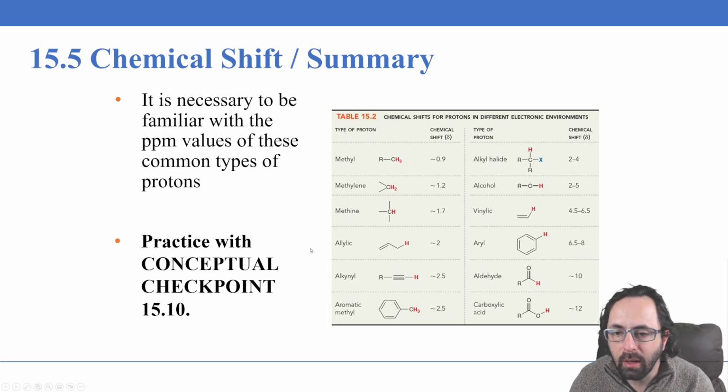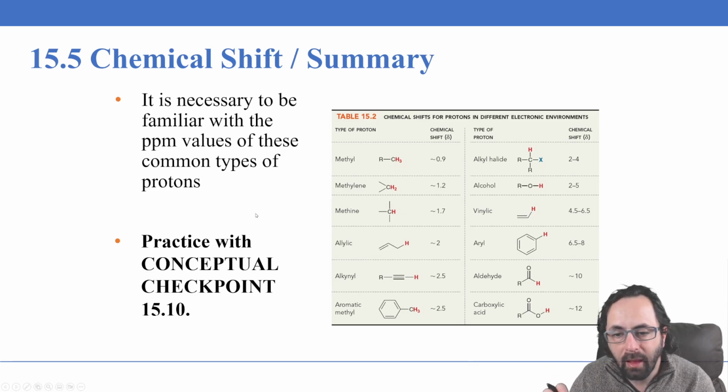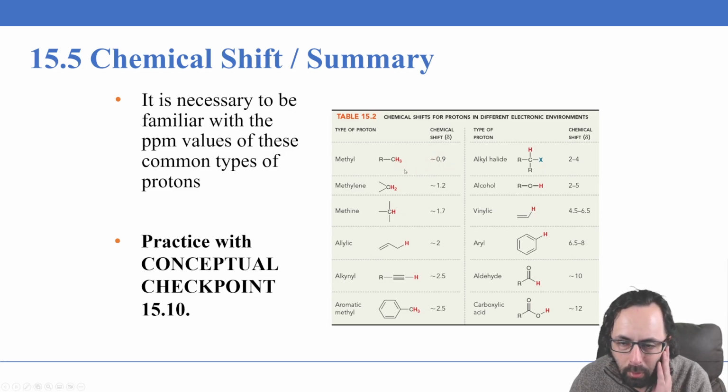So, in summary, the chemical shifts here can be affected by both inductive effects and this anisotropic effect. When you have a methyl carbon, attached to only one other carbon, it has the lower end chemical shift at around 0.9.